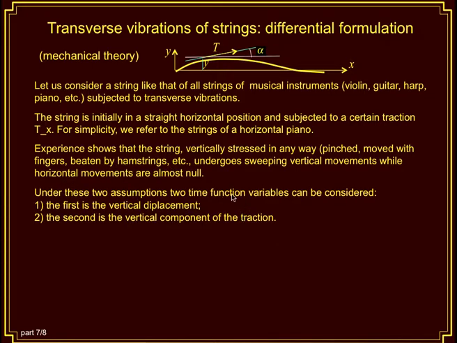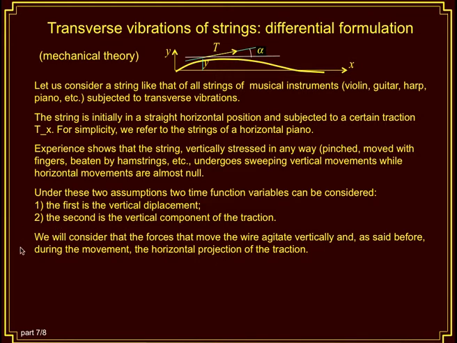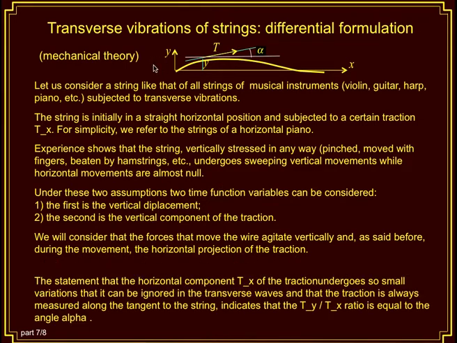Under these two assumptions, the time function variables can be considered. The first is a vertical displacement. The second is a vertical component of the traction. We will consider that the force that moves the wire agitates vertically, and, as said before, during the movement, the horizontal projection of the traction.